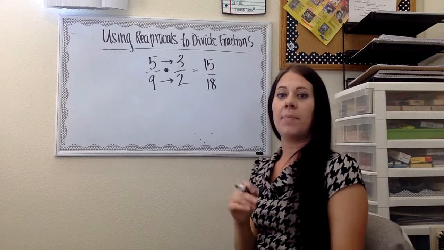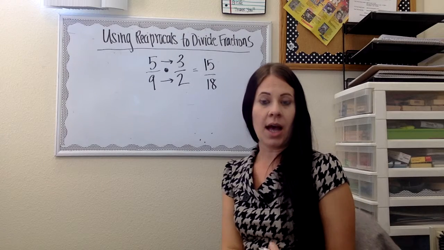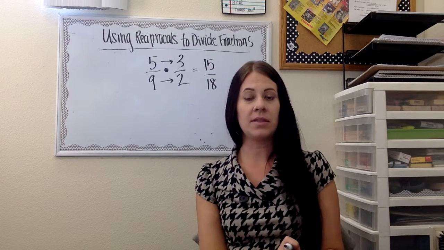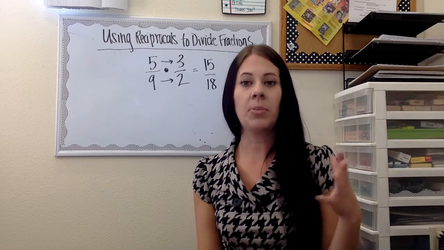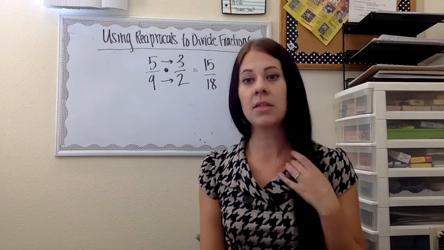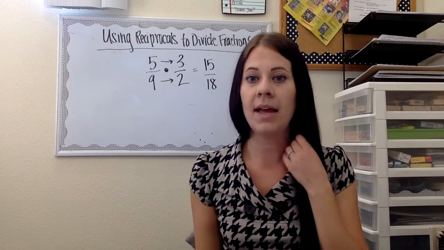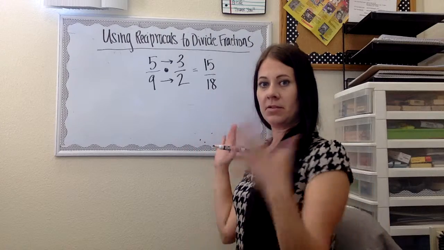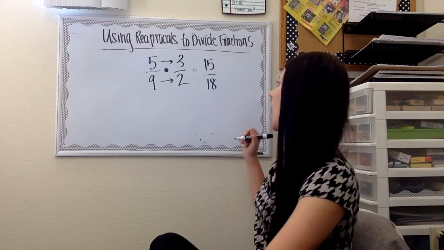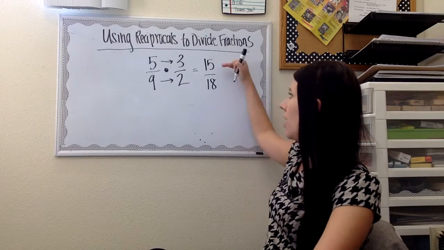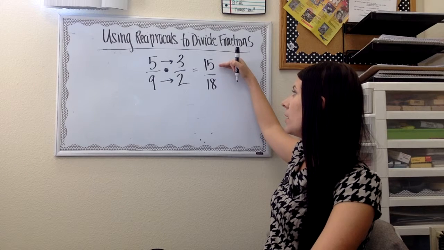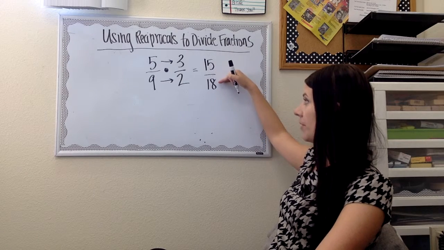So, reducing. I am going to assign you this week just a little practice on reducing fractions. So please make sure that you do that. And then here's a reminder how to reduce. I want to find a factor of both of these.